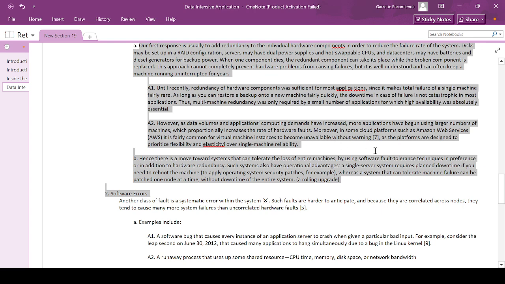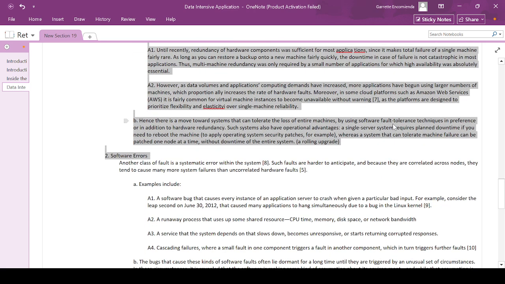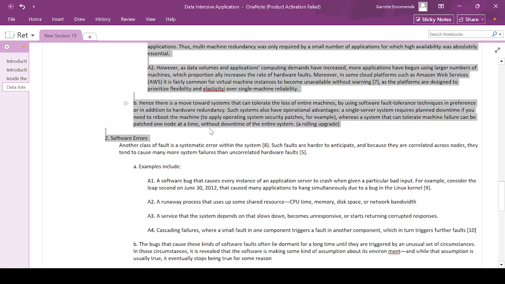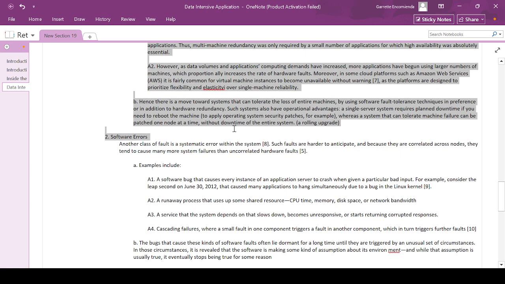So instances become unavailable without warning, as the platforms are designed to prioritize flexibility and elasticity over single machine reliability. Hence, there is a move towards systems that can tolerate the loss of entire machines by using software fault tolerance techniques in preference or in addition to hardware redundancy.